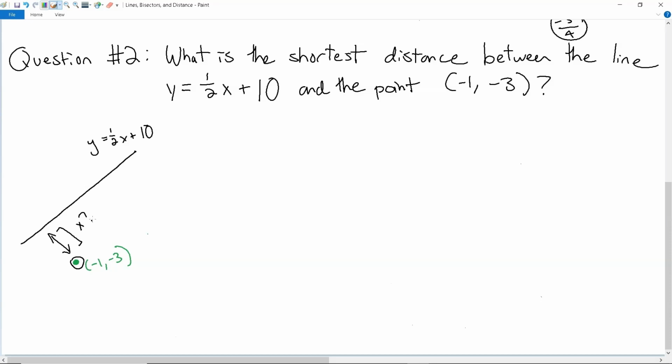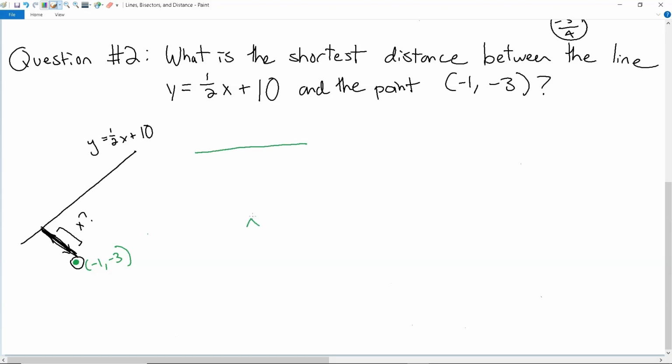Now, we are going to have to use the same concept of a perpendicular line, because the shortest distance from this point to the line, A, has to be a straight line, and B, it has to be a line that is perpendicular with our original line. So it's going to look like that. If you want a quick explanation for that, it basically has to do with Pythagorean theorem.